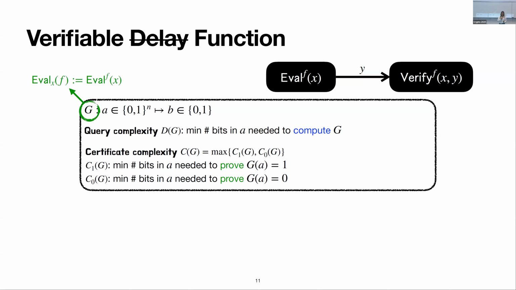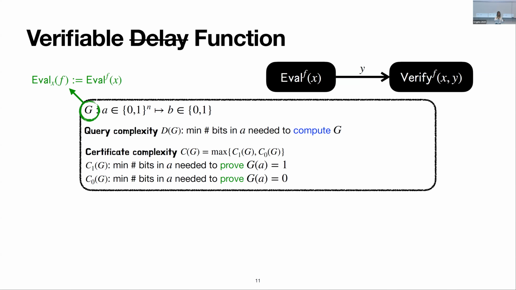Now I set this Boolean function g to be eval. Here I want to do some pattern matching, because in the VDF language, eval knows x, but it has oracle access to f. What I actually care about for the delay requirement is the number of queries eval needs to make to evaluate this function.